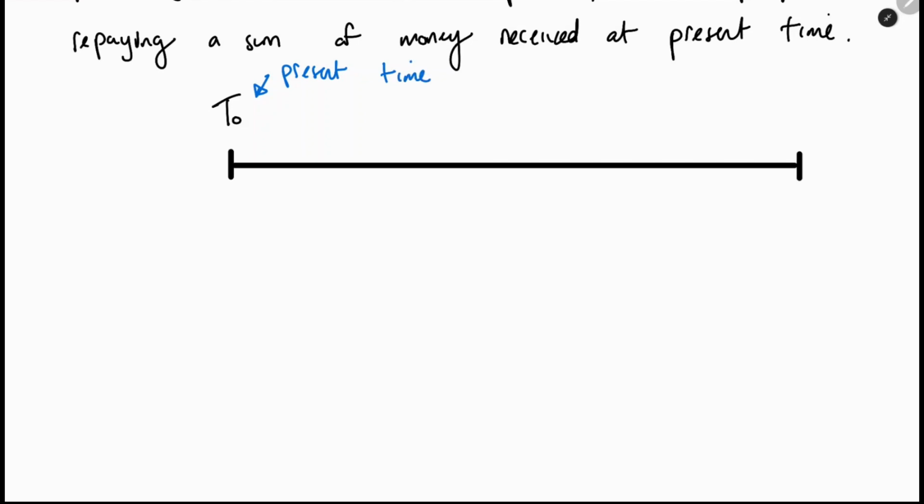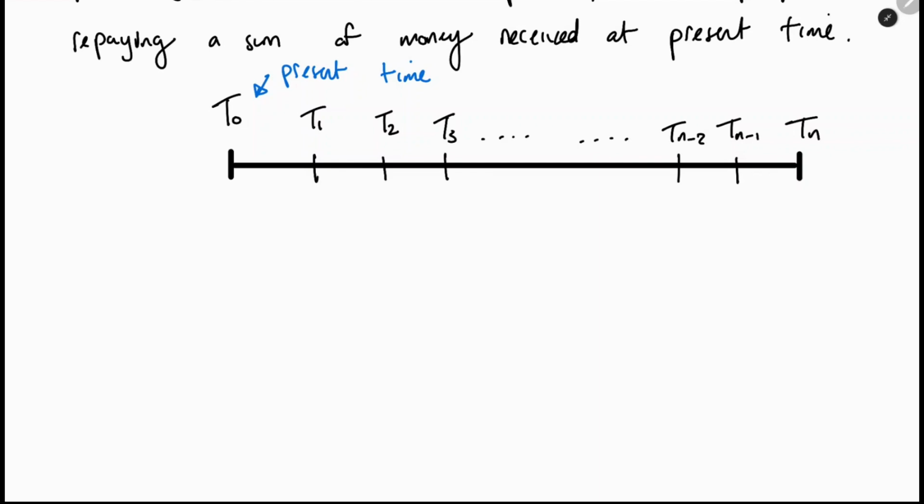Okay, and one period after T naught we'll have T1, that's one time period. Whatever the time period is, it could be a month, it could be a year, it depends on the context of your situation or the question you're answering. Then we have T2 all the way to Tn, one time period before Tn we have Tn minus 1, and of course Tn minus 2, and we have all these time periods in between.